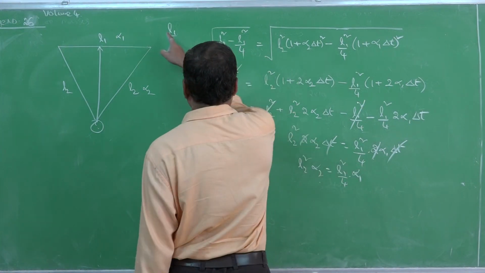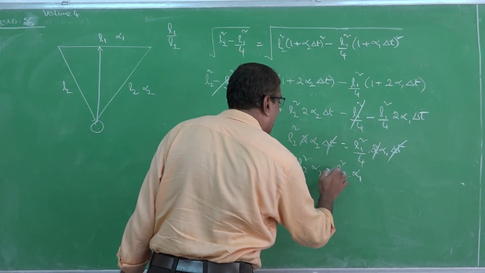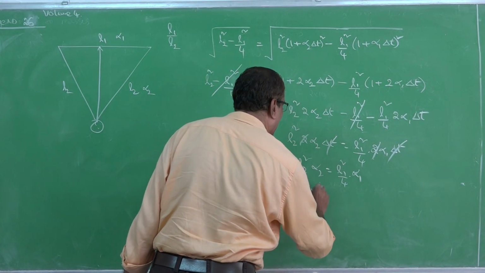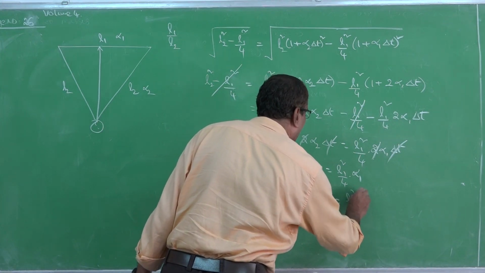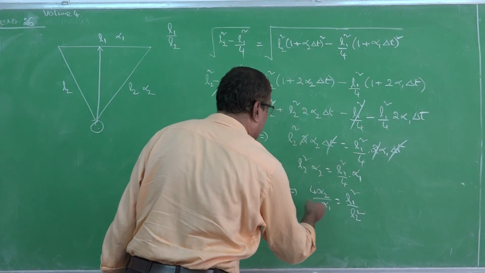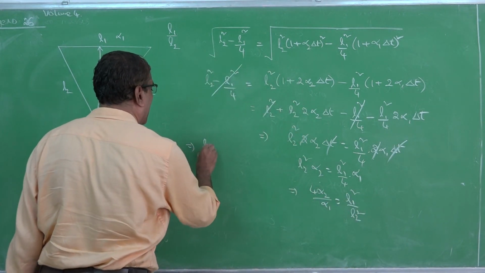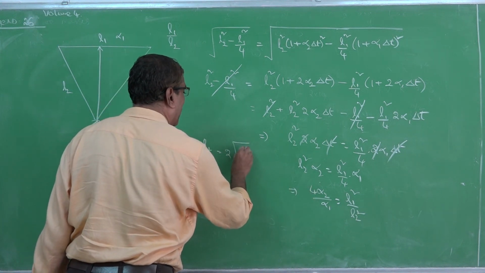We have to calculate L1 by L2, so write (L1 by L2) whole square equal to 4 alpha 2 by alpha 1. Taking square roots, L1 by L2 is equal to 2 into square root of alpha 2 by alpha 1.